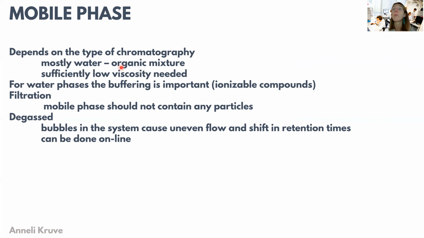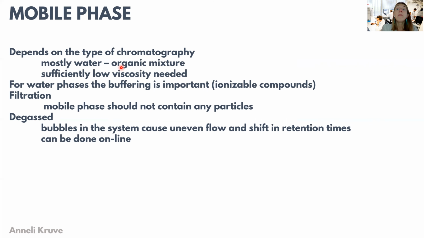We call it the back pressure, the resistance pressure to the flowing of the mobile phase, and this needs to be sufficiently low so that the pumps can handle it and still produce reasonable flow rates.